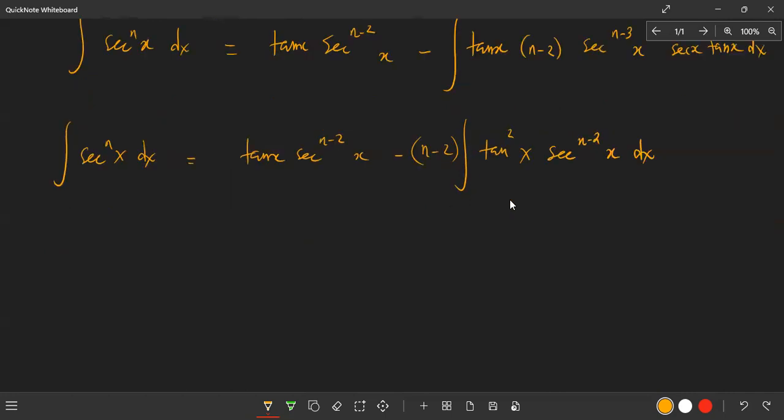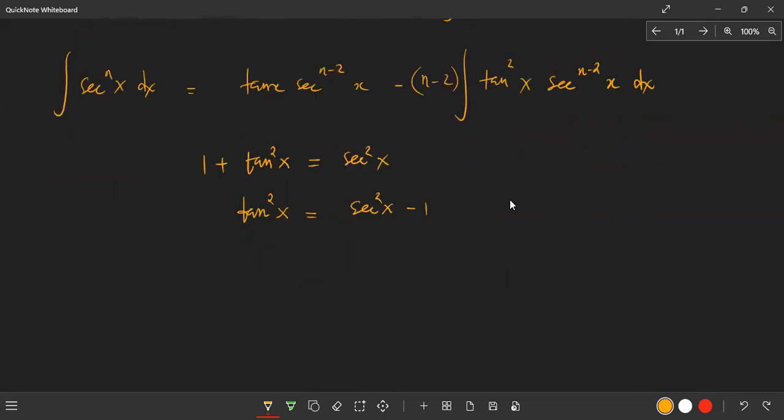Do you remember that 1 plus tan squared x is equal to sec squared x? Yes. This is a very common identity we're going to use at the moment. I'm going to make tan squared x the subject of the formula, so tan squared x becomes sec squared x minus 1. So I can just replace this sec squared x minus 1 there.